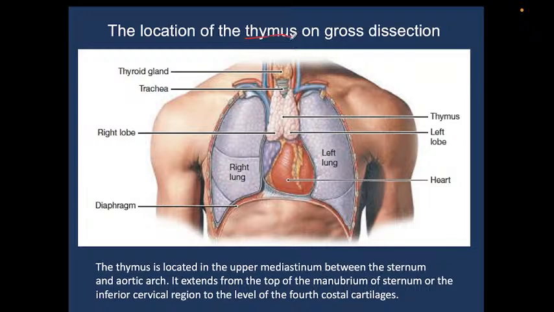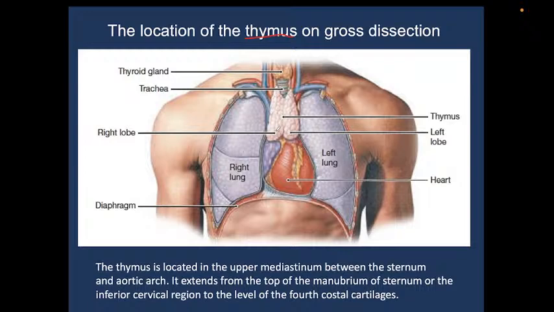Thymus has a large size during childhood, but then it decreases in size, and after 25 it is step by step replaced with fat. It is the same process we see in red bone marrow.